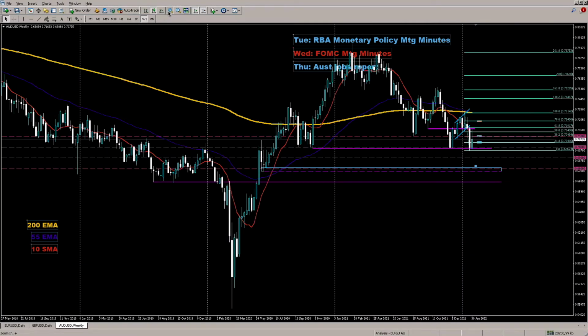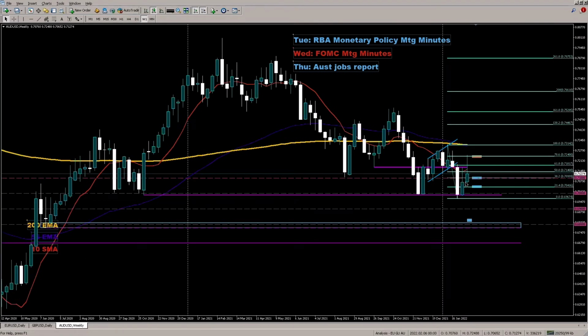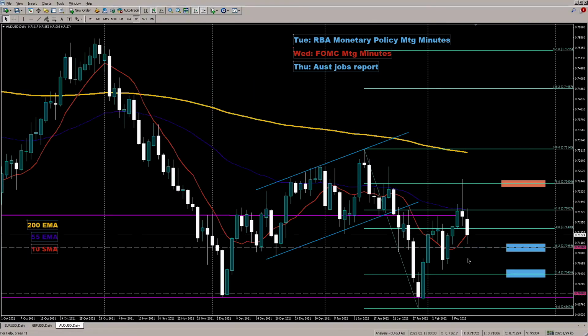So on the weekly time frame, after attempting to push up higher, there was a push back down. So now the possibility of a consolidation for this coming week.